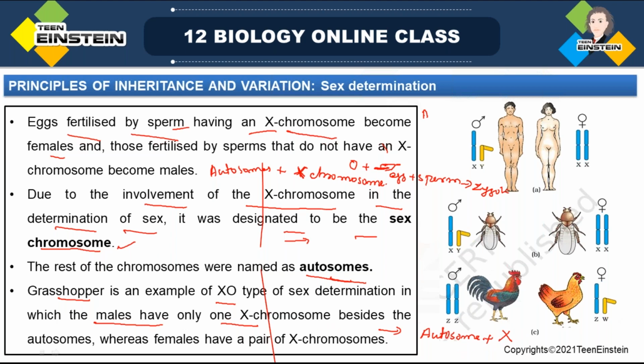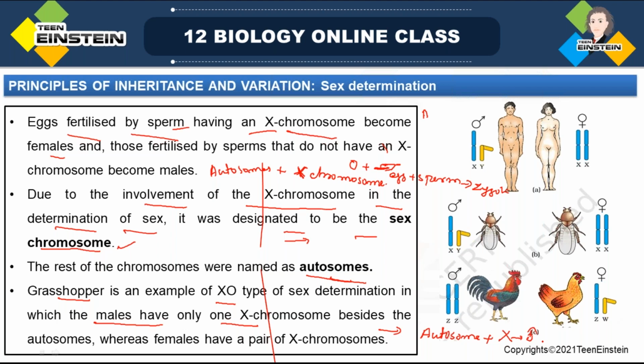Okay, but in male, this is in male. But in the case of female, they have a pair of autosomes plus XX. That means a pair of X chromosomes in grasshopper. You may get MCQs from this portion.